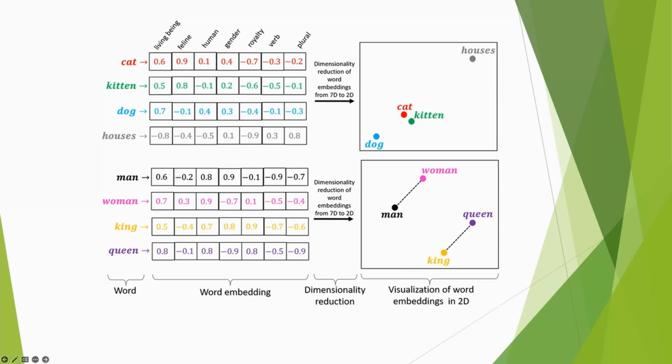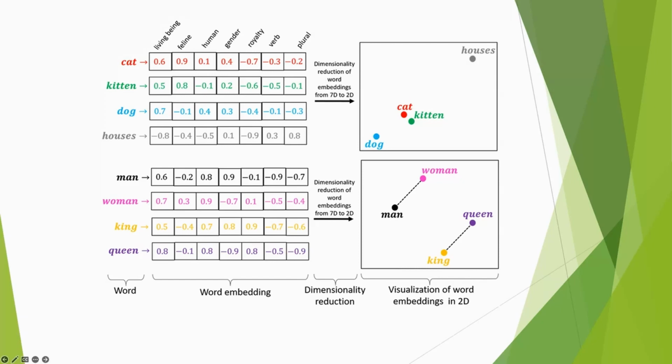And when we put this on a 2D diagram, so we reduce its dimensionality, we will see that cat and kitten get closer together and away from dog. And we can do a lot of arithmetic, and this is a very well-known one: man and woman, and king and queen.